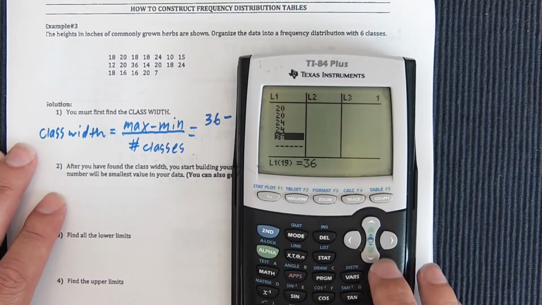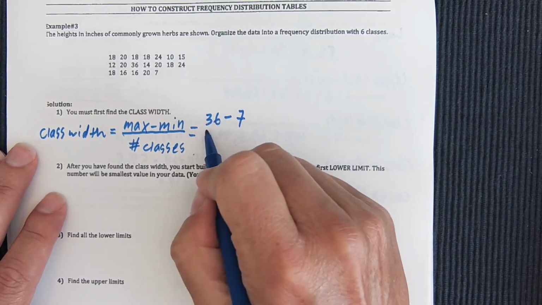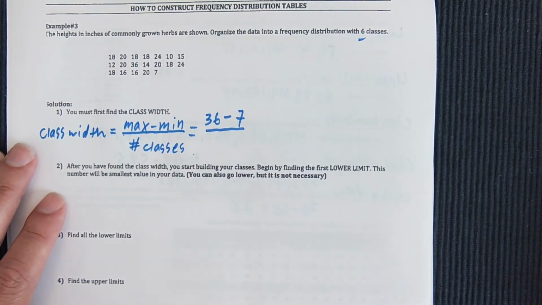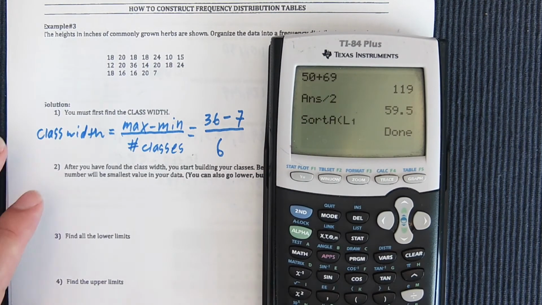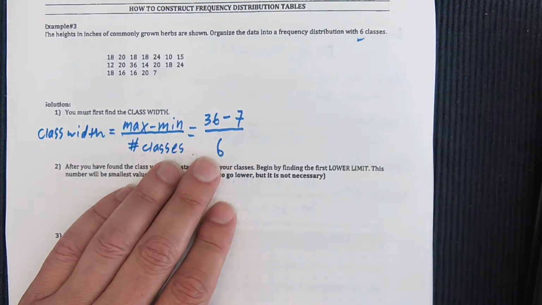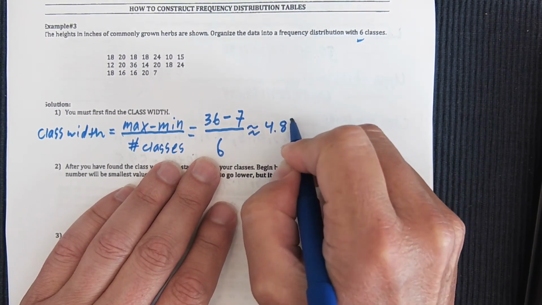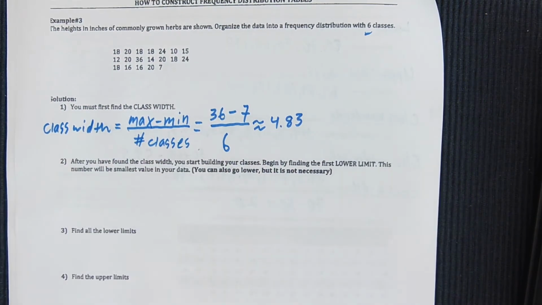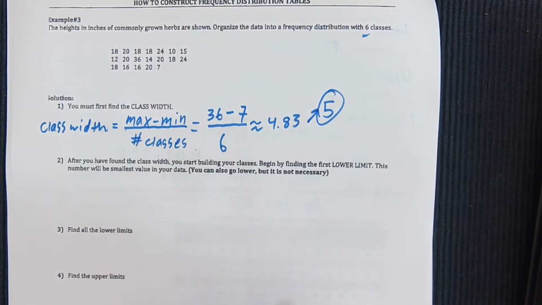The smallest number is 7. And the number of classes is 6. Let's see what we get. Now, I got about 4.83, and what we're always going to do is round up. So our class width is going to be 5.